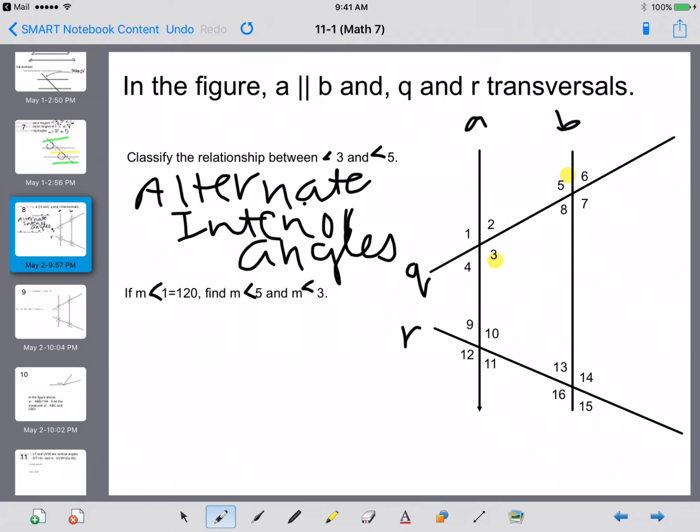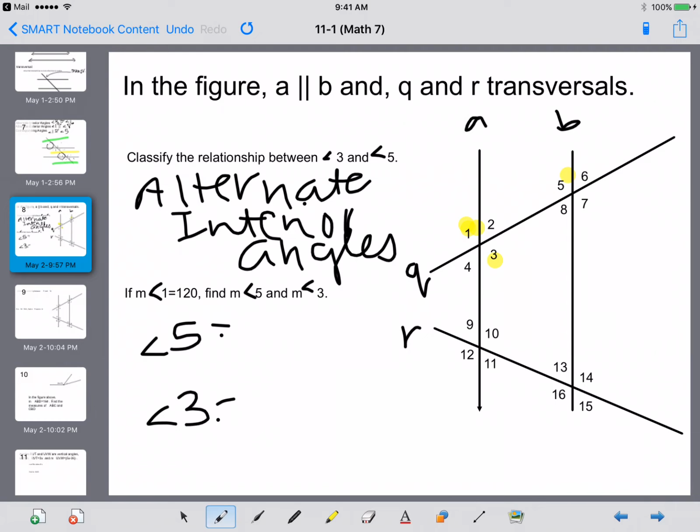Then it says if the measure of angle 1 is 120, find the measure of angle 5 and angle 3. So this 1 here is 120. Which one can you look at and know exactly what its relationship is? I know that 3 is opposite of 1.